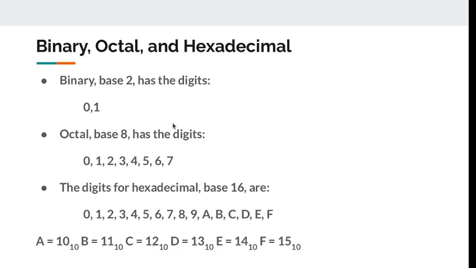So yeah, in computers it's really common to see binary, octal, and hexadecimal. The binary base, as I said before, has the digits 0 and 1. The octal base is going to have radix minus 1 digits, so 0, 1, 2, 3, 4, up to 7. And the digits for hexadecimal should be 0 to 15, right? But to avoid confusion, in computers you use letters to represent 10 to 15, because otherwise you would have, like, 11 here.